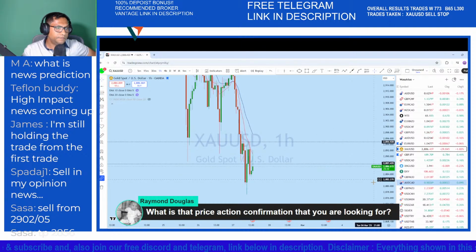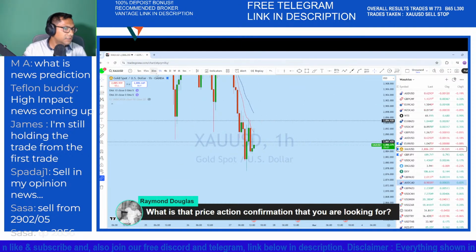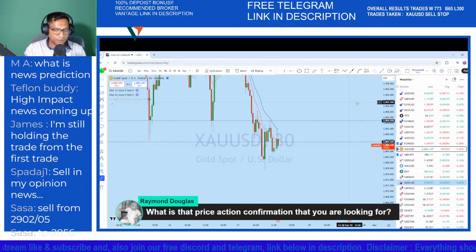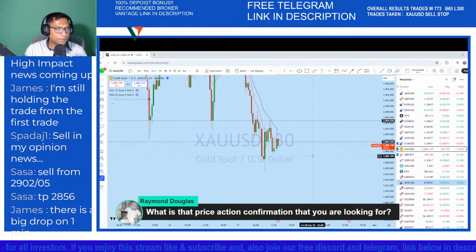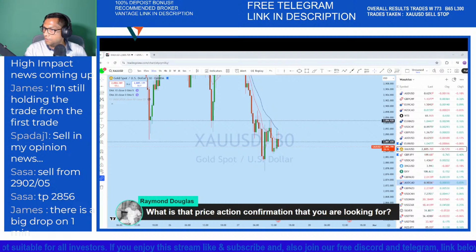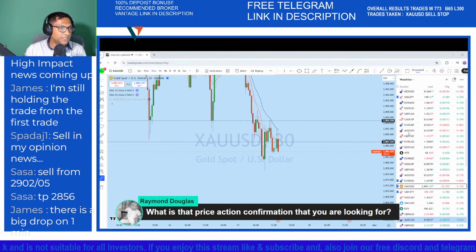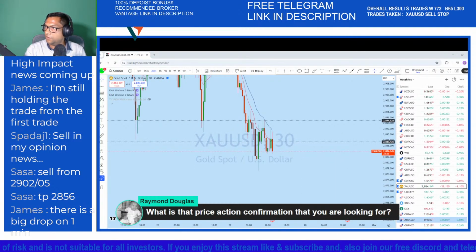Now this rejection, if you look at the 1 hour and the 30 minutes chart, okay guys, you can see there is ultimately a complete breakdown in that area.